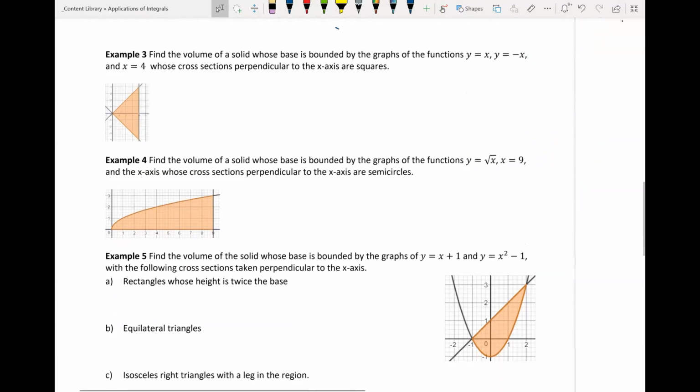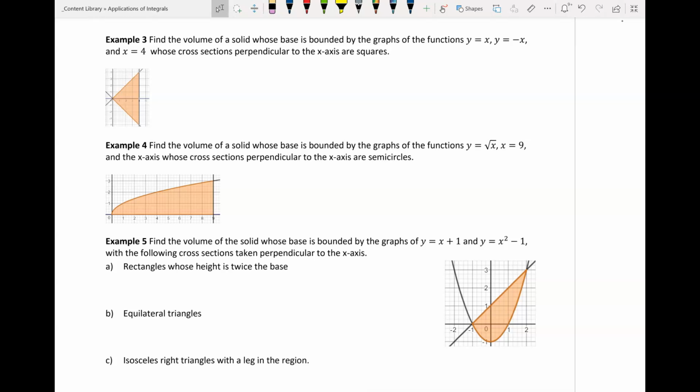So let's actually apply this to finding the volume of a solid using cross-sections. In example 3, we want to find the volume of a solid bounded by y equals x, y equals negative x, and x equals 4, and we're given the picture. The cross-sections perpendicular to the x-axis are squares. So we're going to look at the area of a square, and we're going to take a slice of it from our graph.